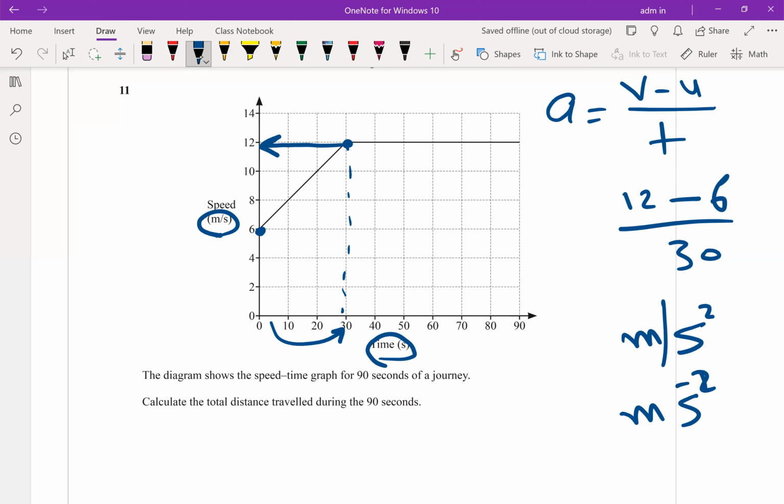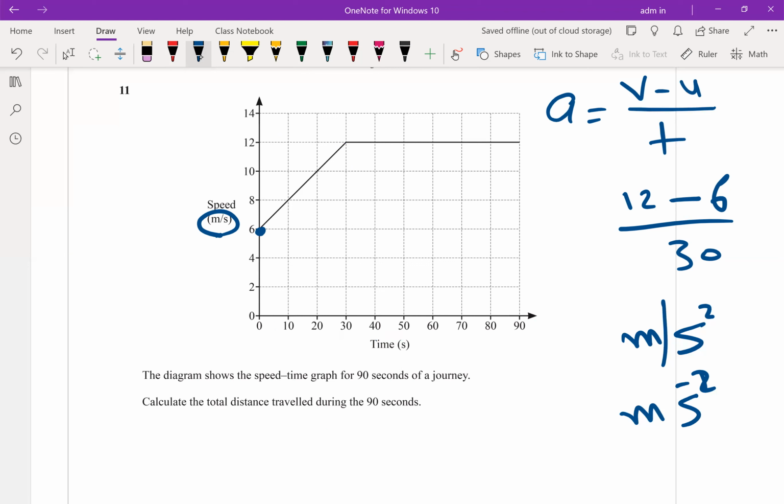Again, how to calculate the acceleration? V minus U over T. But how to get the distance? The distance is the area under the curve and the x-axis.